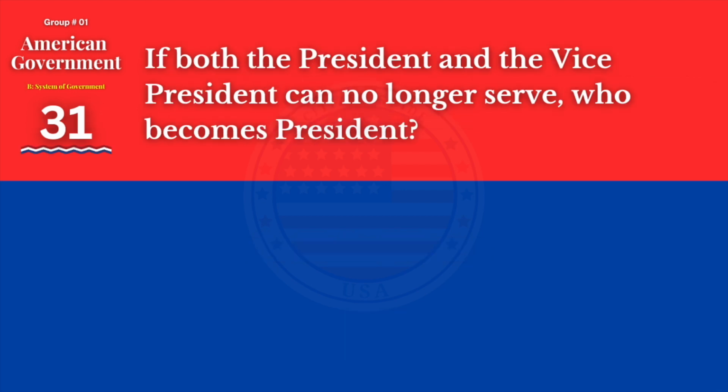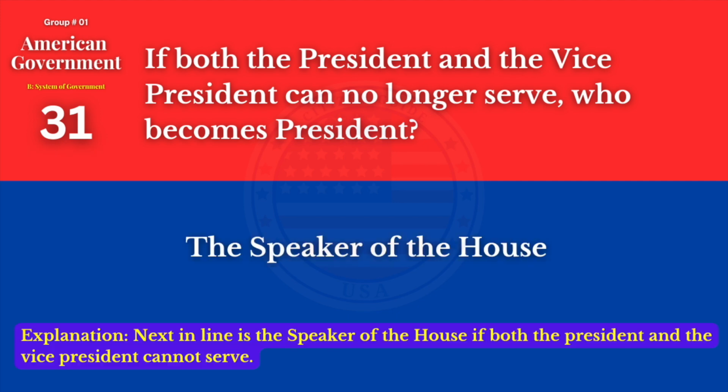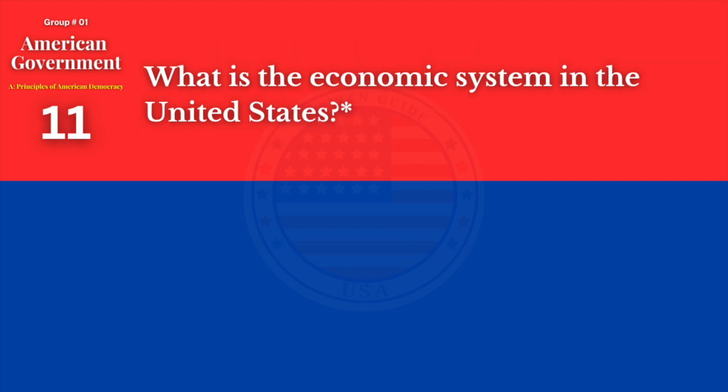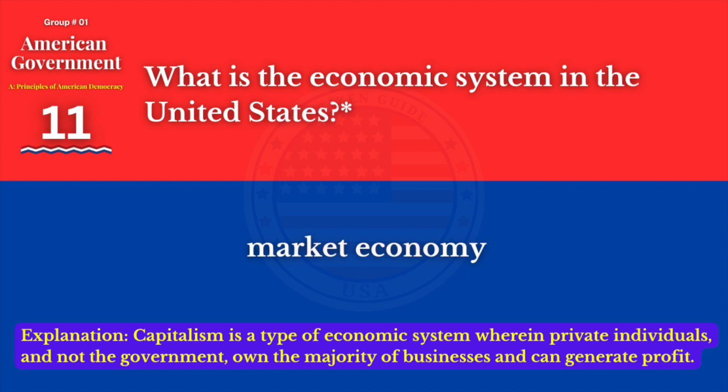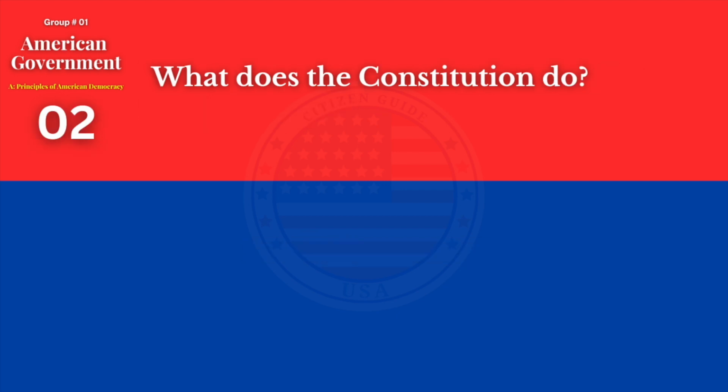If both the President and the Vice President can no longer serve, who becomes President? The Speaker of the House. What is the economic system in the United States? Market economy. What does the Constitution do?